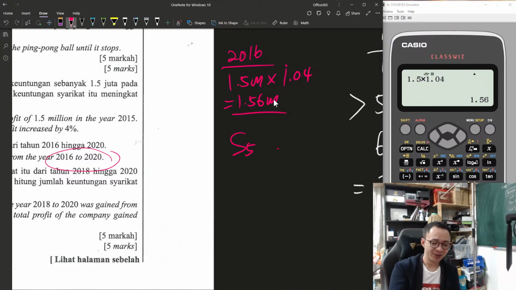I assume this is my a value, and it's a compound interest, right? So my r is 1.04 because it's 4%. You don't say your r is 0.04, or you will get values smaller and smaller. Since r is more than 1, I will use the formula for r more than 1, which is r to the n minus 1 over r minus 1.